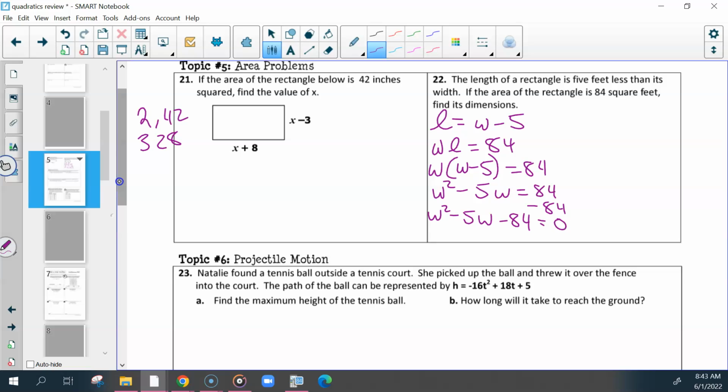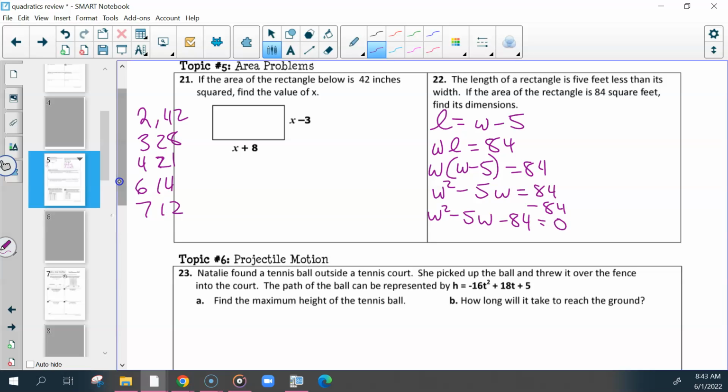The 14. 42 and 2. Oh, that's 14. 4. The 4 wouldn't be. 40. So that wouldn't work.